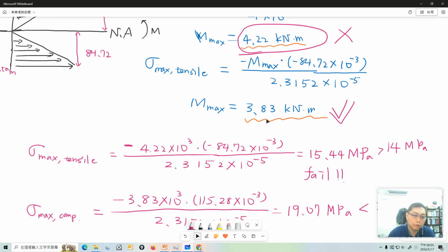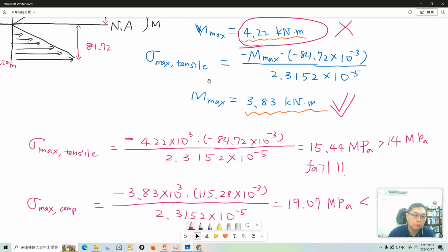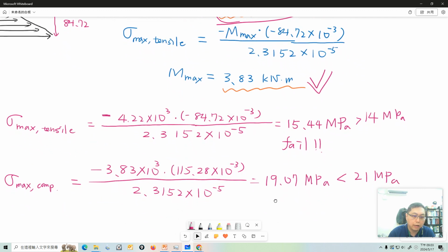But if we choose 3.83 kilonewton times meter, this gives the maximum tensile stress, and the maximum compression stress is 19.07 megapascal, which fits the criteria because this magnitude is smaller than 21 megapascal. So that's why this is your answer. The answer is 3.83 kilonewton times meter.